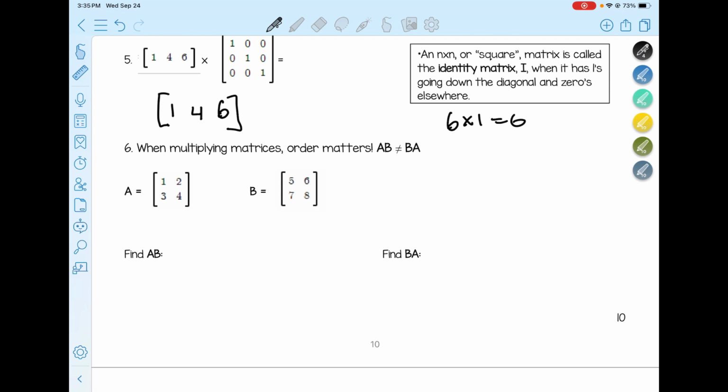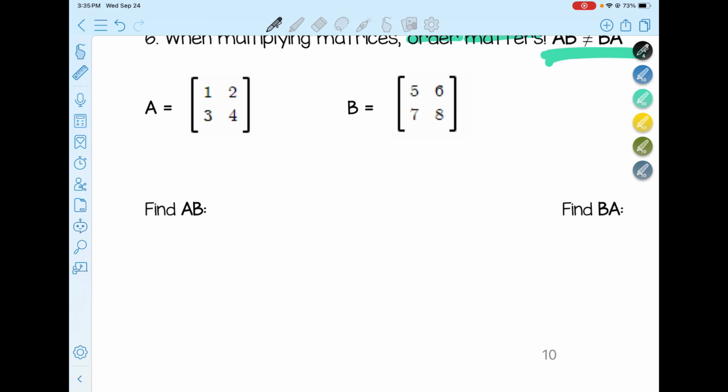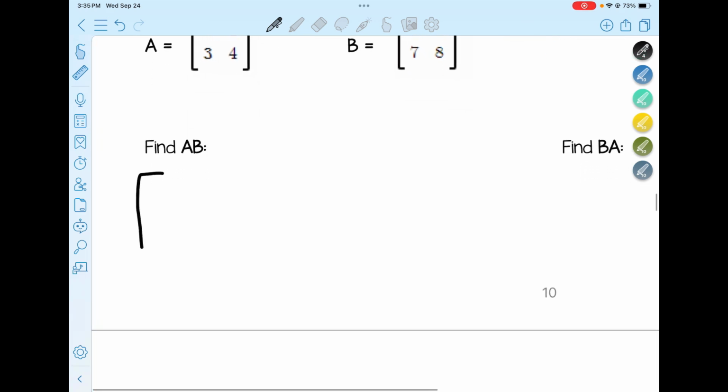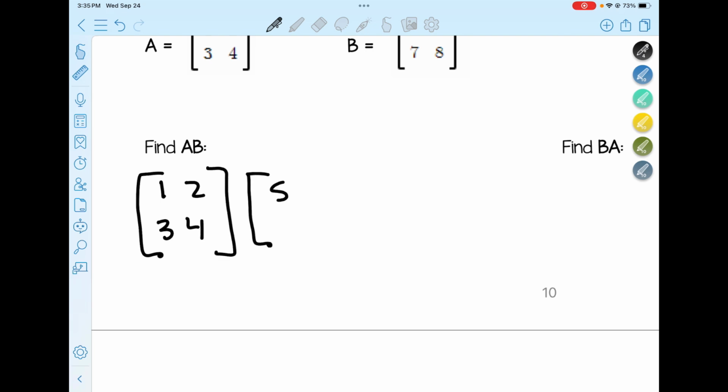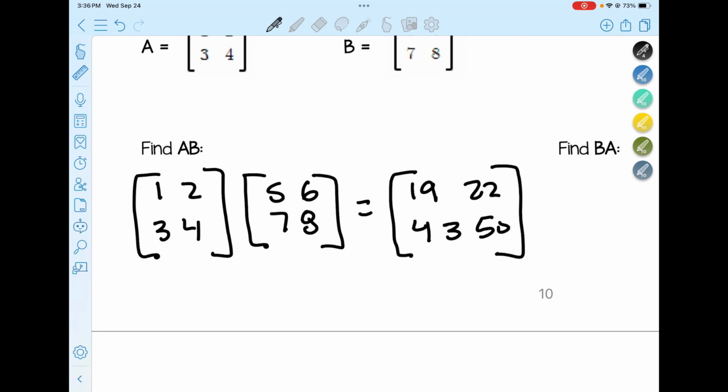This next concept is not very intuitive, and again it kind of goes against what we're used to being told: when we are multiplying matrices, order really matters. AB is not the same thing as BA. And we can see that right here. If we took these two matrices and multiplied them together, I would have the matrix 1, 2, 3, 4 times the matrix 5, 6, 7, 8. When I multiply those together, I'm going to get 19, 22, 43, 50.